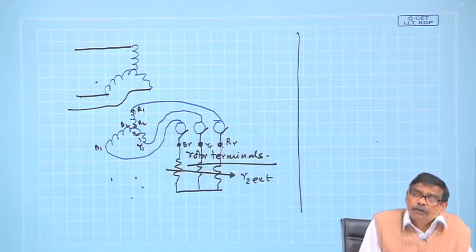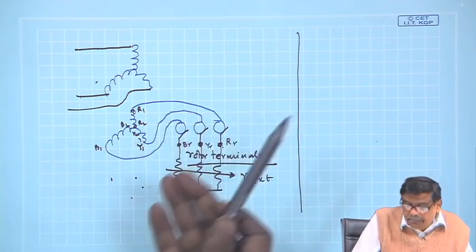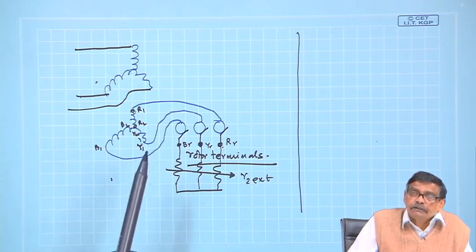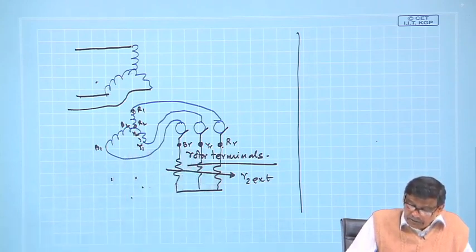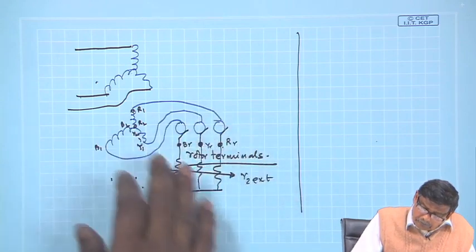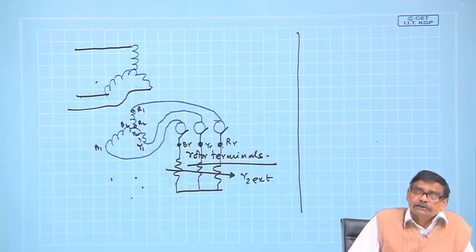So, there is a maintenance problem; you have to regularly maintain the slip ring type 3 phase induction motor, otherwise the performance of the machine will suffer. This is called the slip ring induction motor.